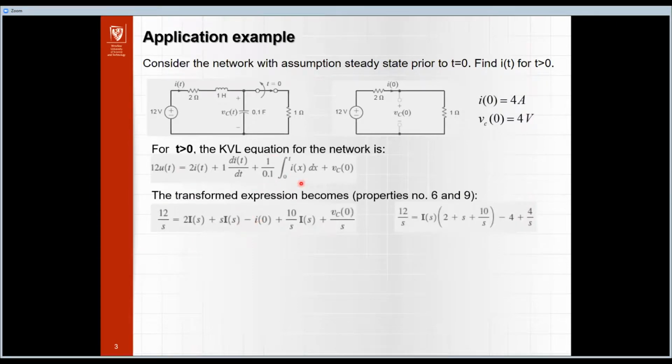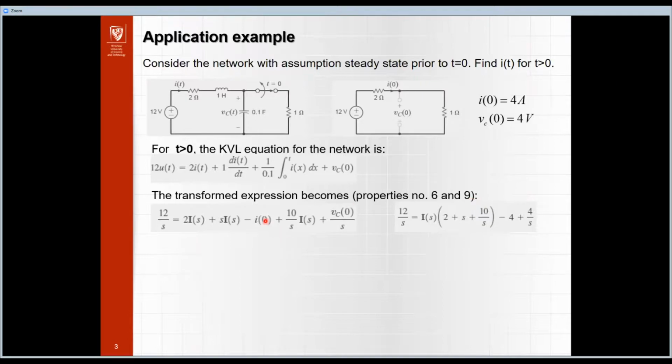Okay, so we can transform this expression to the S domain. Firstly, we know about addition and subtraction of functions and sums of functions, and we also use property number 6, which is connected with differentiation, and property number 9, which is connected with integration.